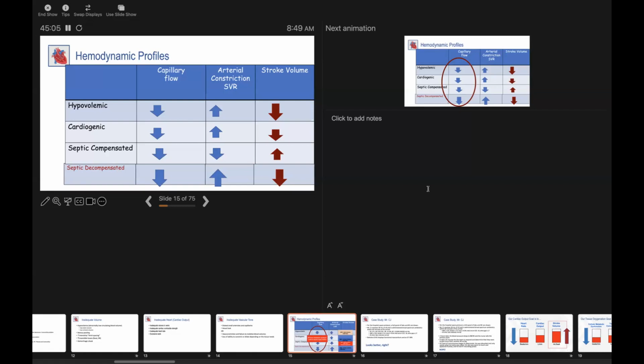It's all shock, okay? But the difference is, are you able to attain or maintain vasoconstriction? In hypovolemia, you can vasoconstrict. In cardiogenic shock, you can vasoconstrict. In sepsis, you don't vasoconstrict. You've lost your vascular tone.